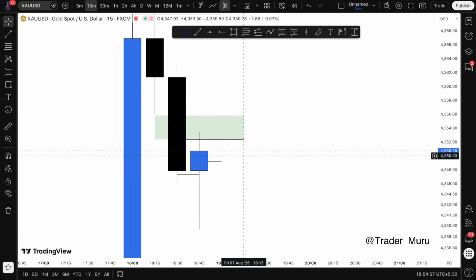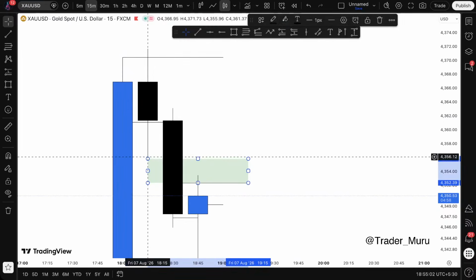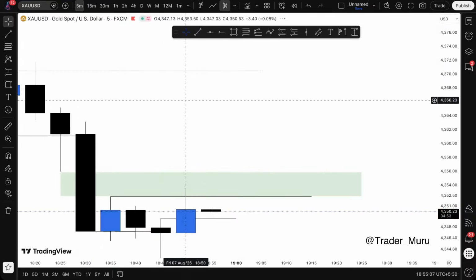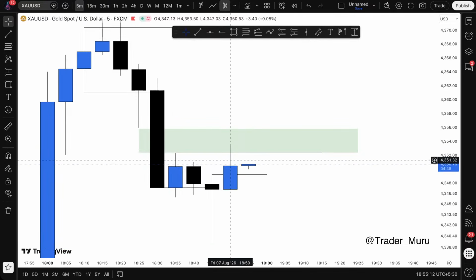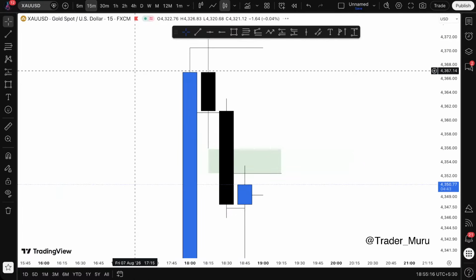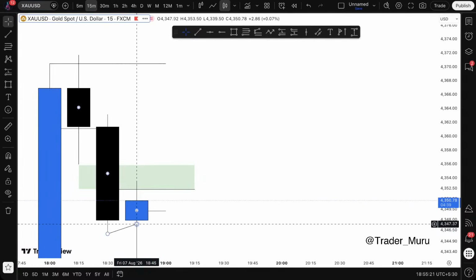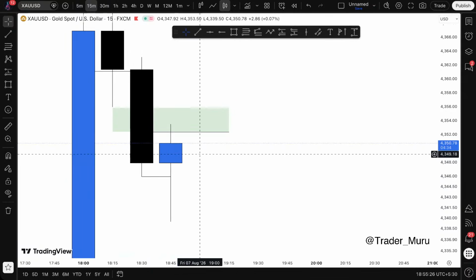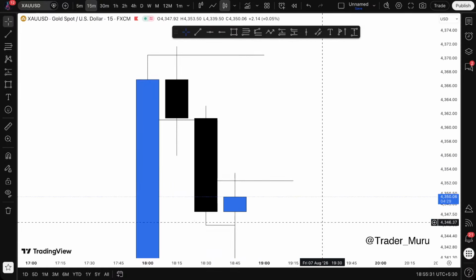15-minute till this high. 63, our first area here. Closing above. Risky but valid, still valid.